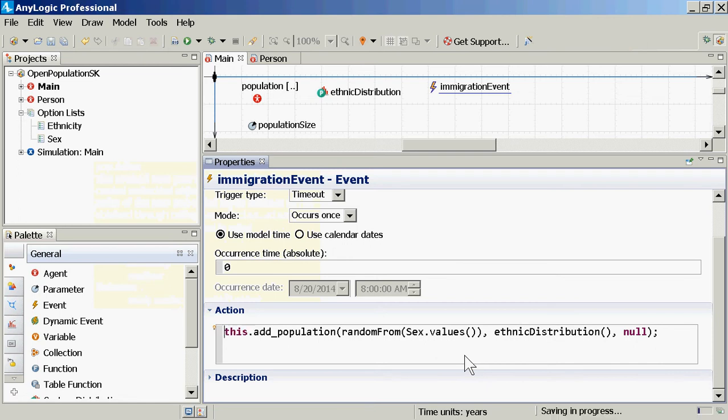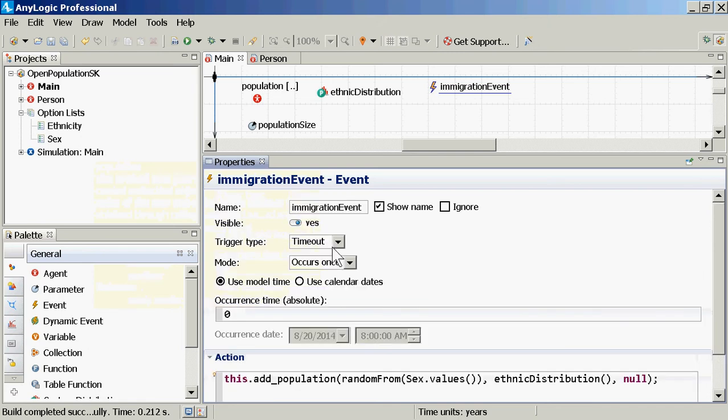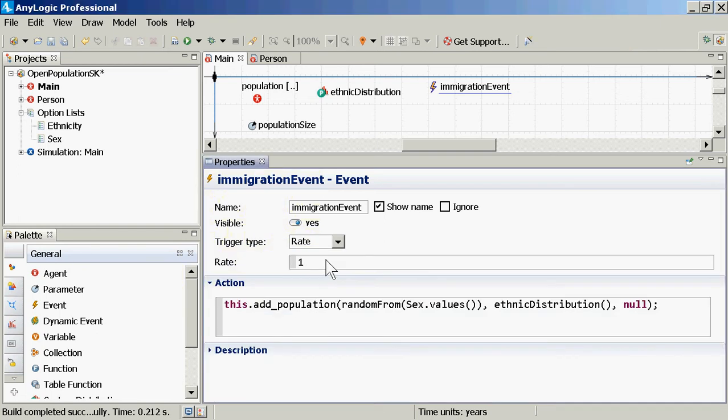Okay, ladies and gentlemen, the final thing we have to do, this is very important, we want this event to be occurring not on a single time, but over time with a certain rate. A certain rate, okay? We're going to set this rate. This is a neat feature of AnyLogic 7.